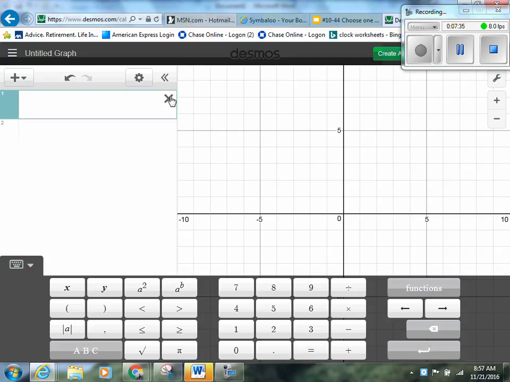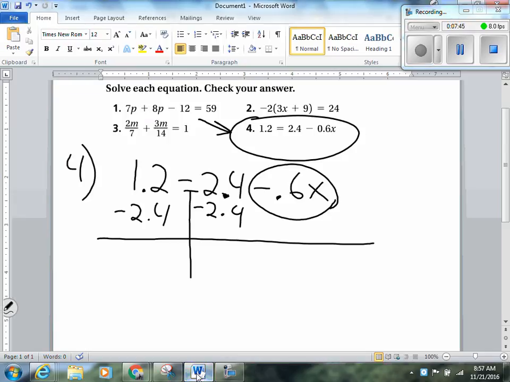Let me try that one more time. 1.2 minus 2.4, and that answer is negative 1.2. So go back here. Negative 1.2 equals, cancel that out, negative 0.6x.